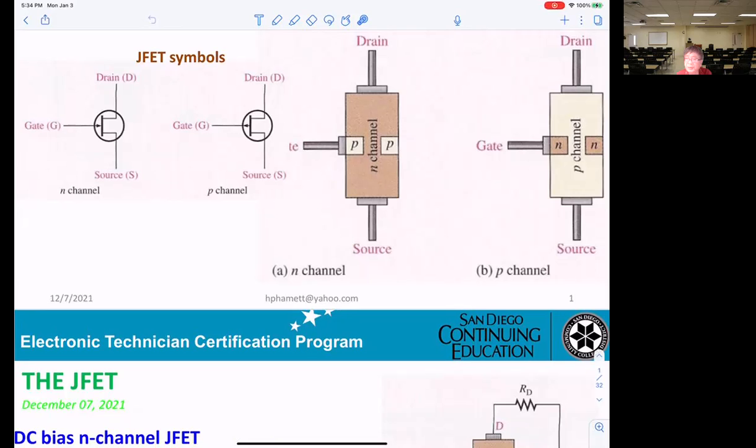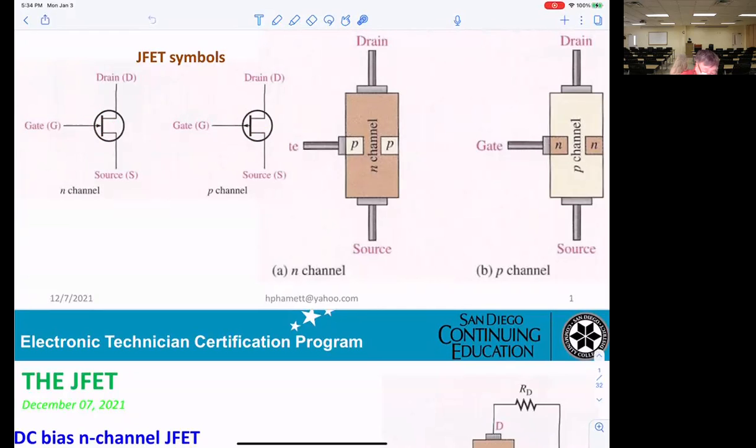It's exactly the same as in bipolar transistors, NPN and PNP. With the JFET, you get an N channel and a P channel. By looking at the arrow, it points in for an N channel and points out for a P channel.